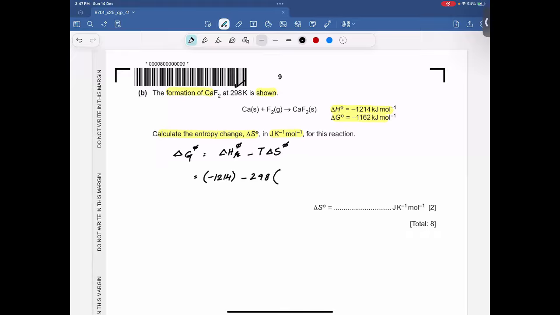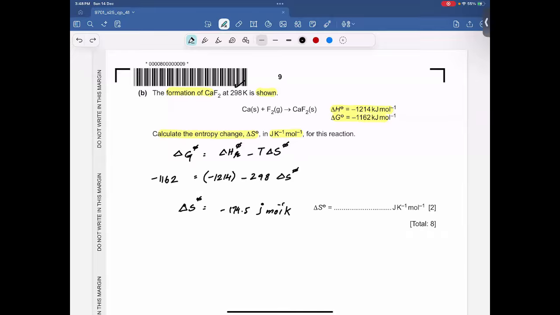And we need to find out the value of delta S naught. And the value of delta G is minus 1162. So the value of delta S naught is going to be minus 174.5 joules per mole per Kelvin.